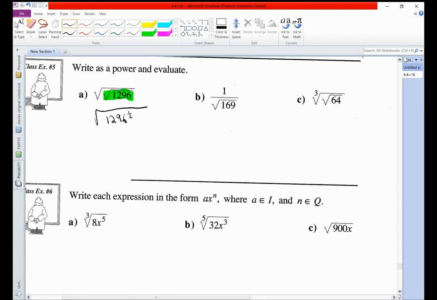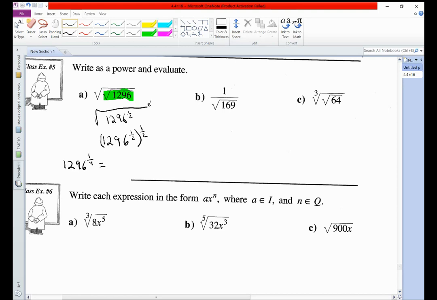And then we can convert this square root sign right here. So we have 1296 to the power of 1/2 all to the power of 1/2. And when we multiply those together, we get 1296 to the power of 1 over 4.